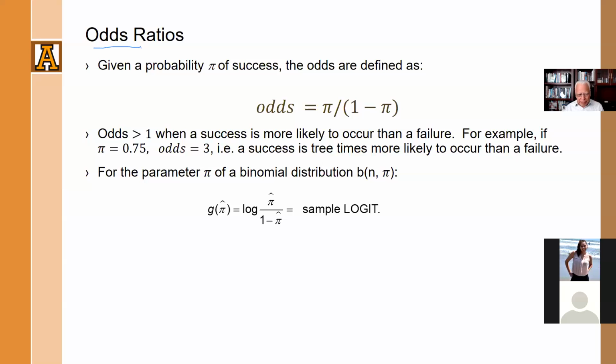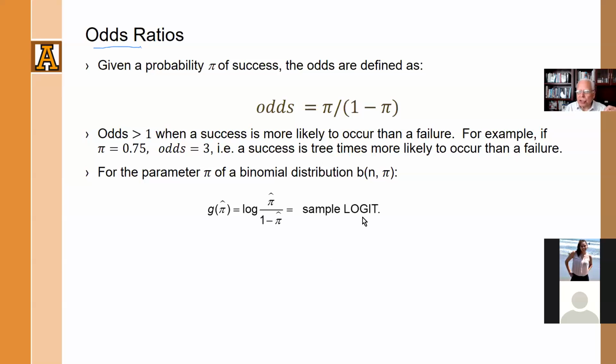Now, pi is a probability of success, and we can think of pi as a parameter of a binomial distribution for n trials with probability of success pi. So the function g of pi, which is the log of the odds, is the log odds ratio.